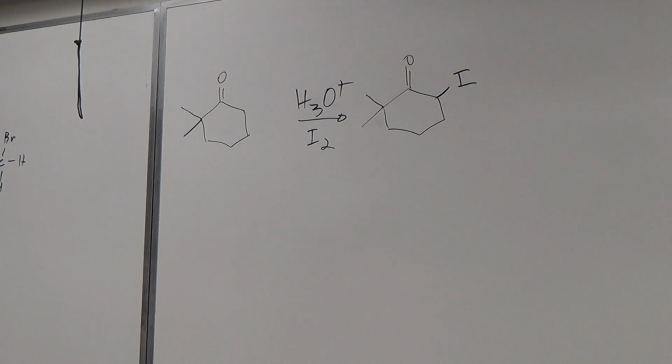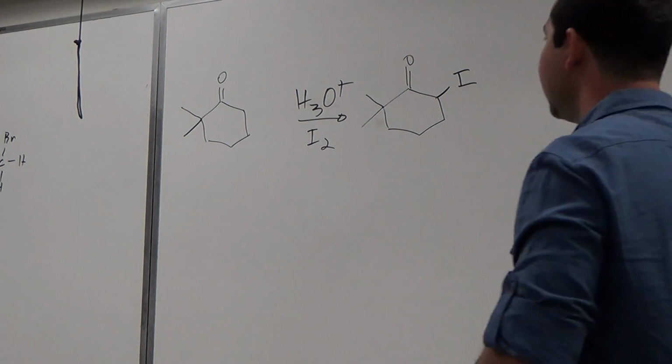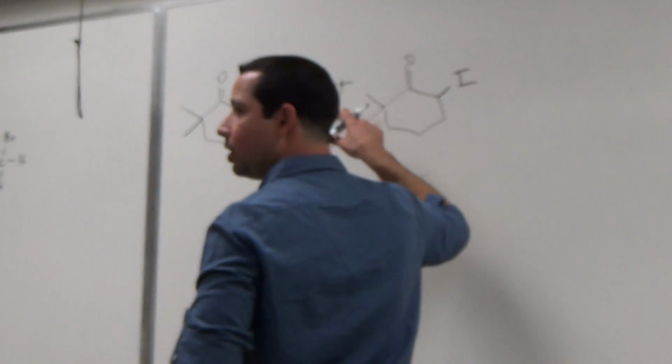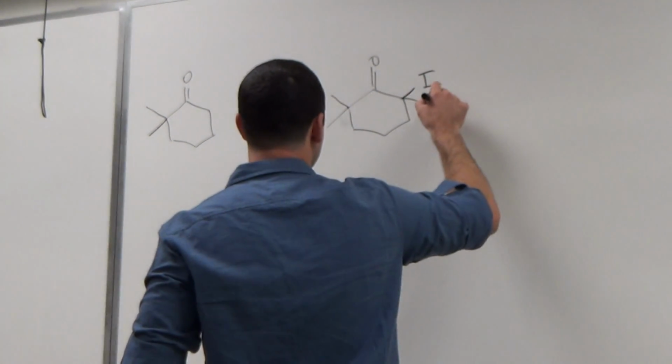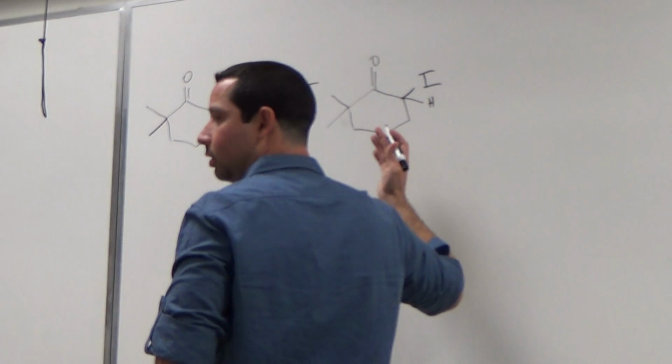That's a tough one, huh? You don't have to draw the H's, right? I did not draw any H's here. But if you put an H here, like that, it's fine.